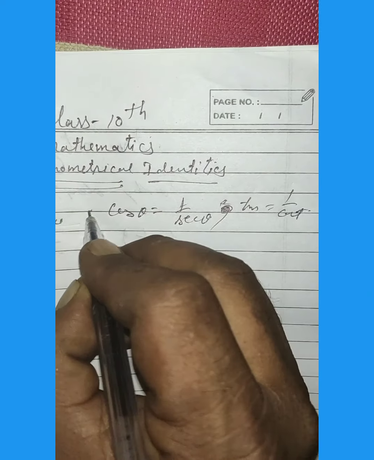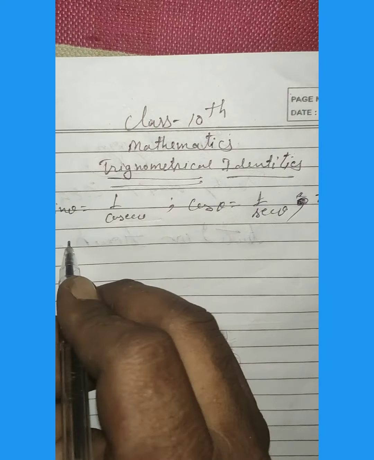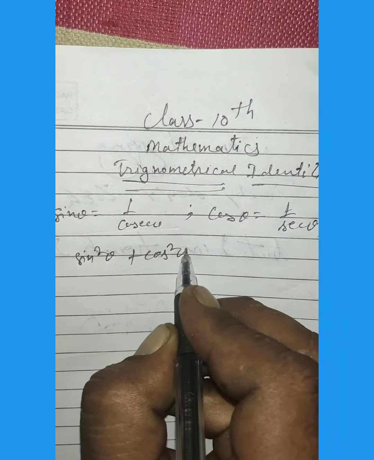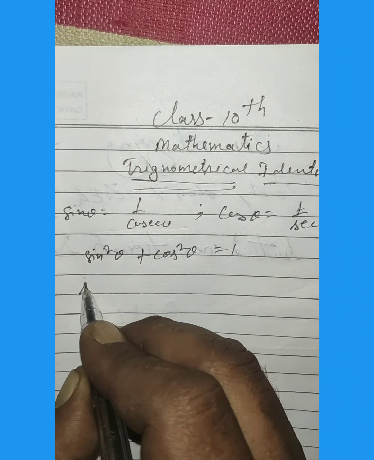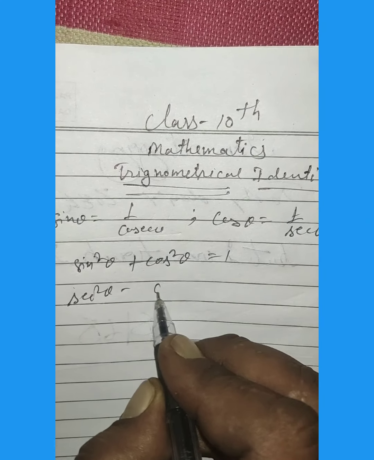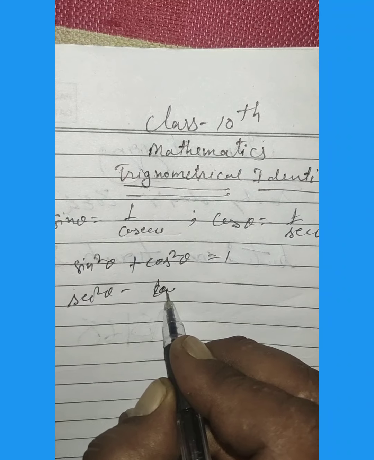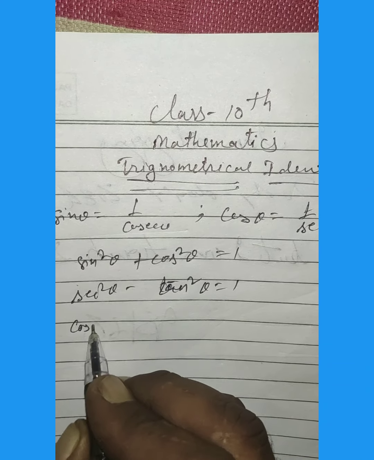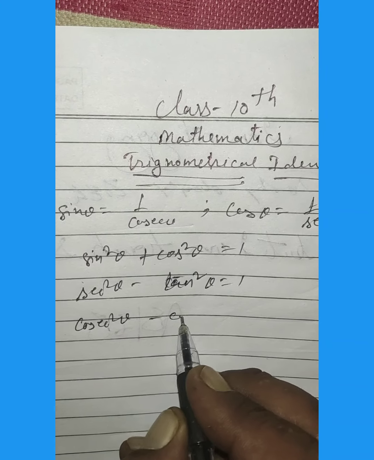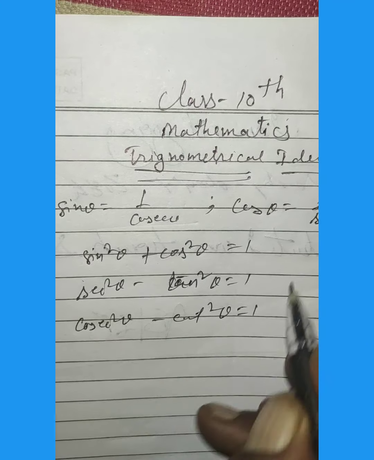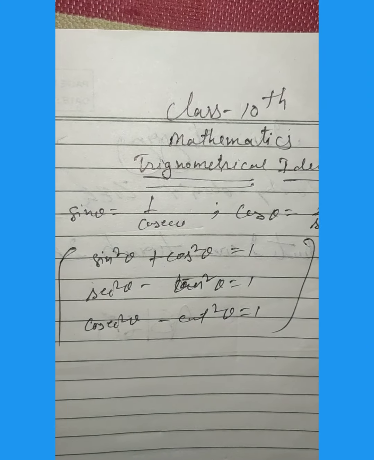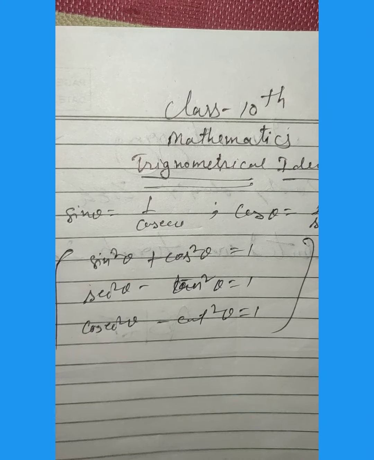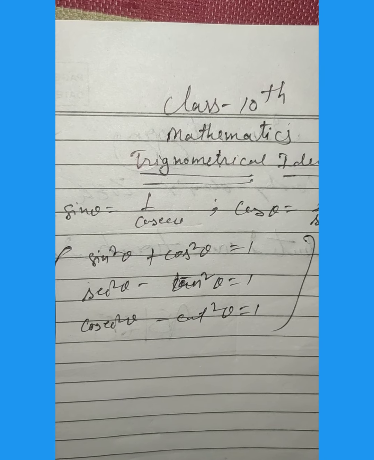Also sin square theta plus cos square theta is equal to 1, secant square theta minus tan square theta is equal to 1, cosecant square theta minus cot square theta is equal to 1. These formulas are all already explained in the previous videos, if you saw all my videos.